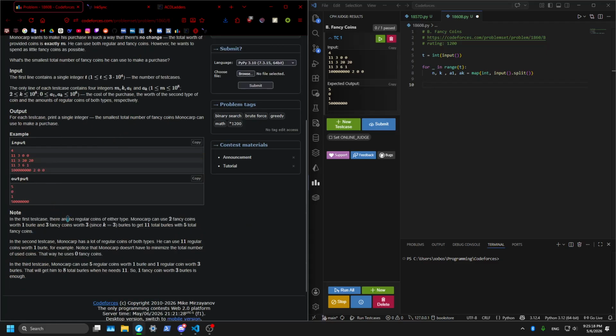In the first test case, there are no regular coins of either type. Monocarp uses 2 fancy coins worth 1 burl and 3 fancy coins worth 3 burls.